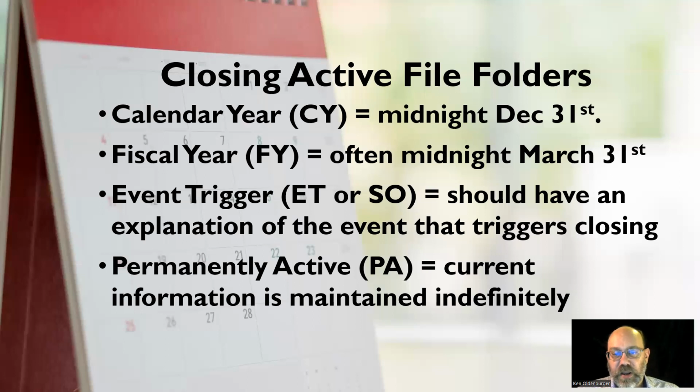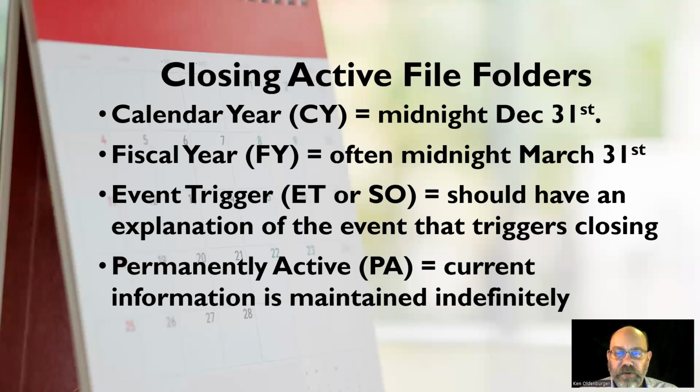Event trigger is a very big one. So an event trigger, or an SO, and I'll explain that in a second, should always have an explanation in that secondary for the event that triggers the closing of a file folder in that category.